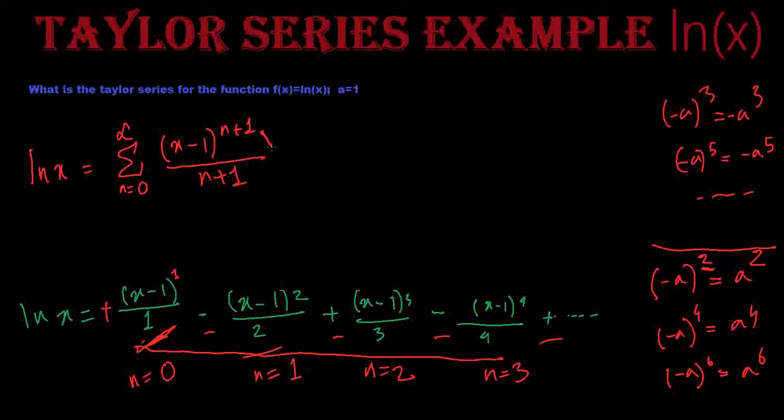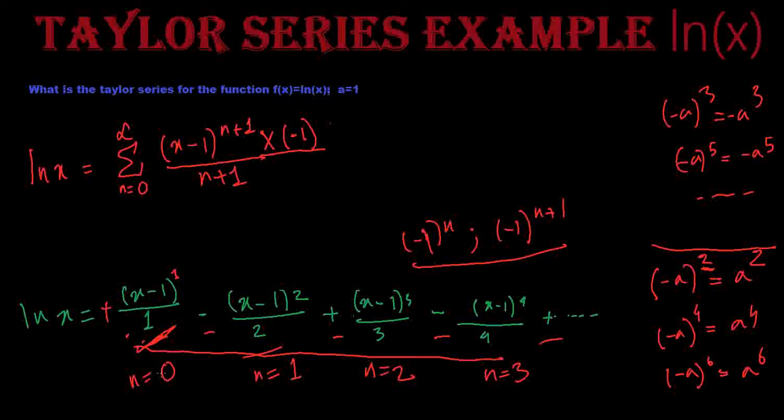So how are we going to do it? First we're going to multiply it and put a minus 1 here. We're going to take a look at the first term, that is positive. So we can either use minus 1 to the power n, or minus 1 to the power n plus 1. Which one are we going to use?